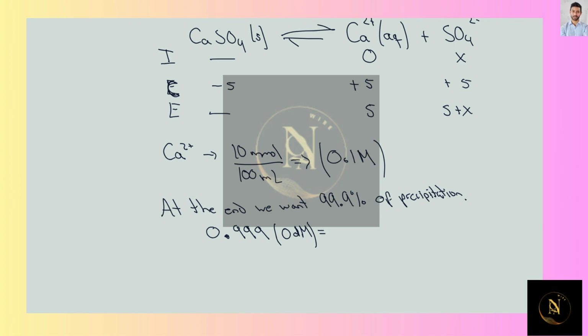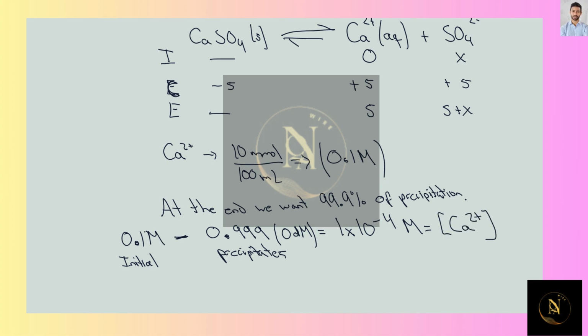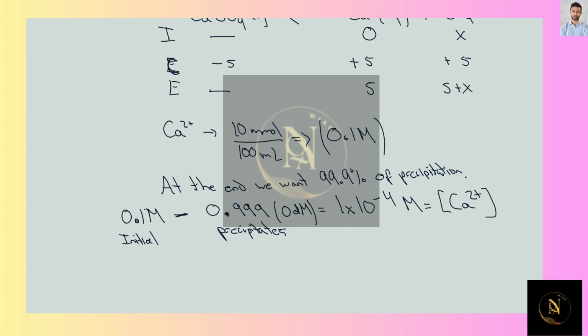And if we subtract the initial amount minus the amount that precipitated, we are going to get that at the end, the concentration of calcium 2 plus needs to be 1 times 10 to the minus 4 molar. Okay?